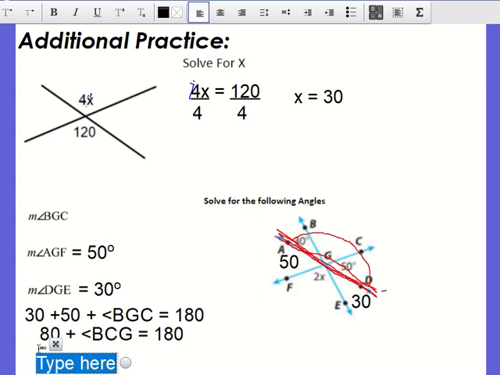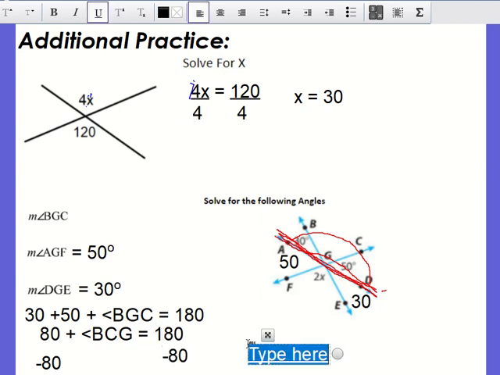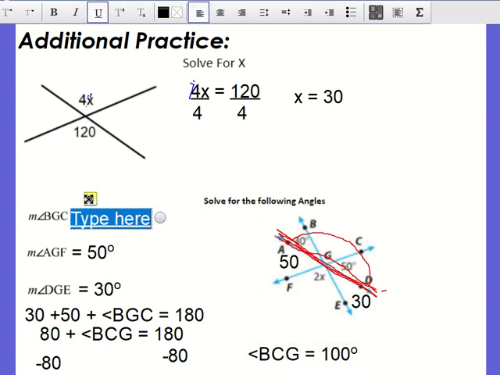We will subtract 80 from both sides. And we will get the angle BGC equals 100 degrees. So we can then fill that in here. And there you go.